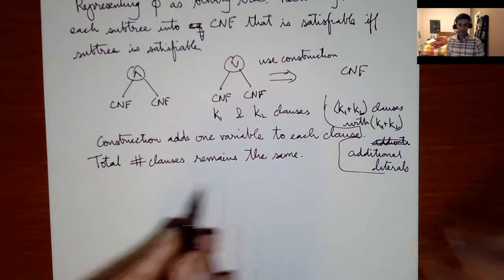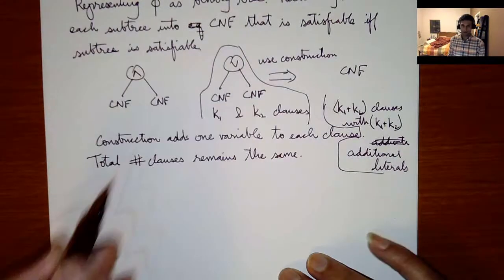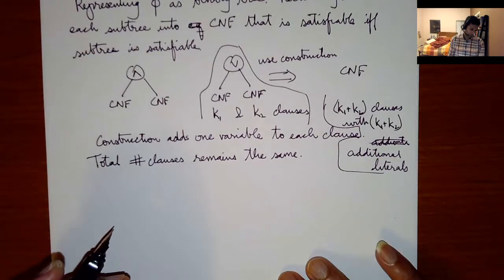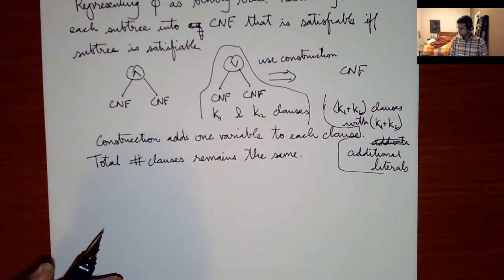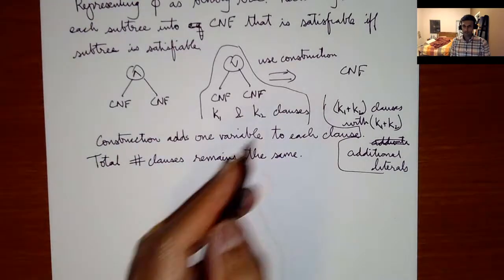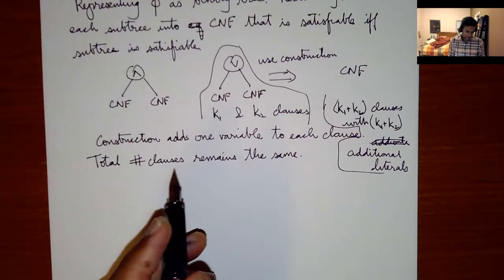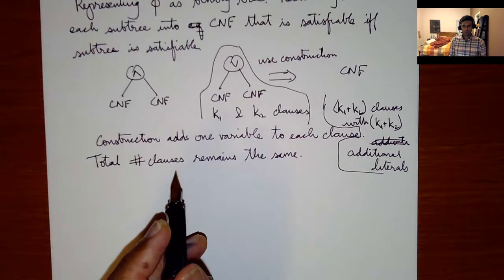Right, so you're going to add K1 plus K2 literals to this. Okay, so is this clear? So the number of literals added is essentially the number of clauses that you have.